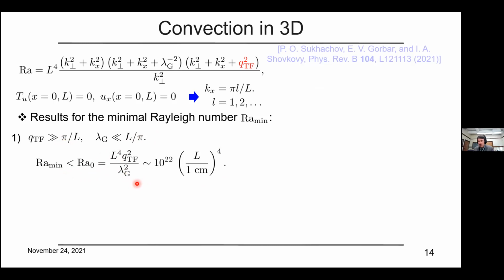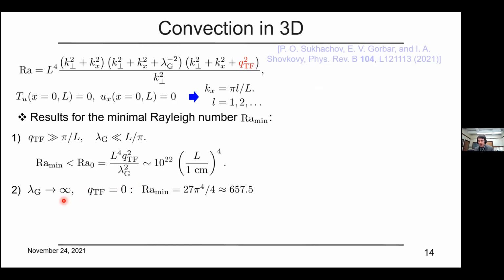So as you can see, this number is rather large, but large compared to what? We need to provide some scale to compare with. And this scale is given by the conventional Rayleigh number that is needed to realize convection in neutral fluids. So in neutral fluids, what do we have?